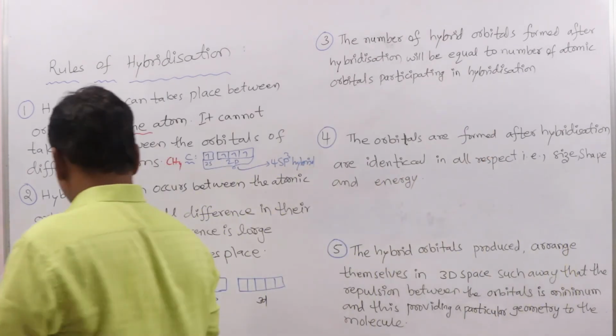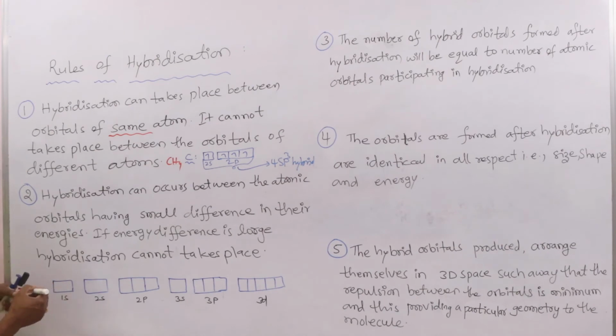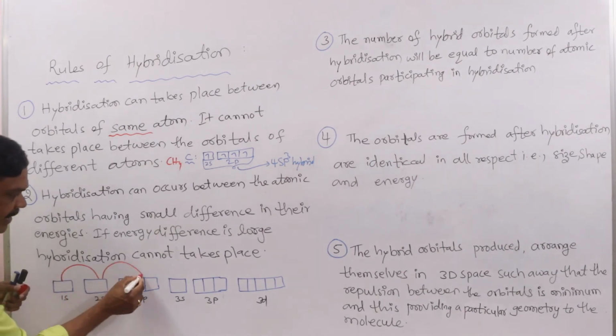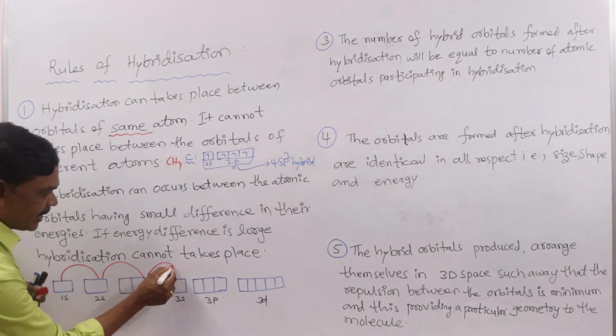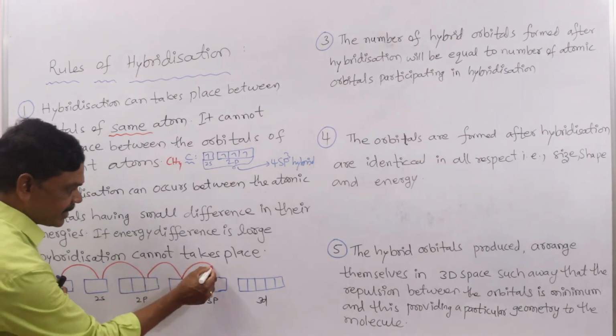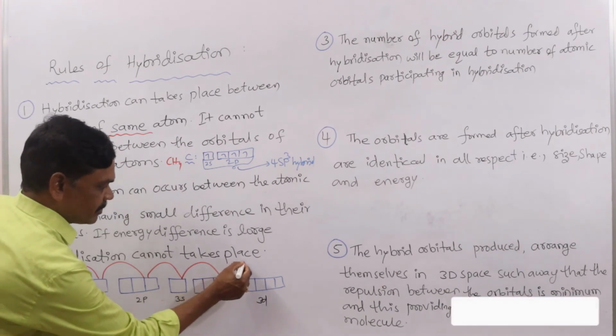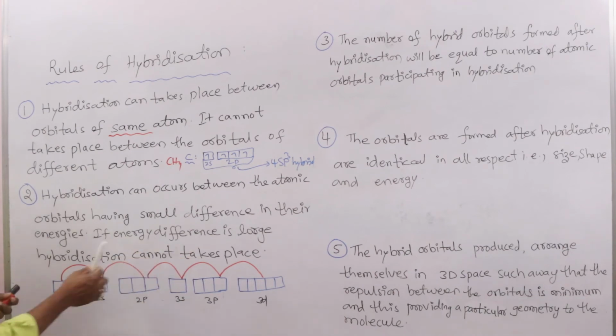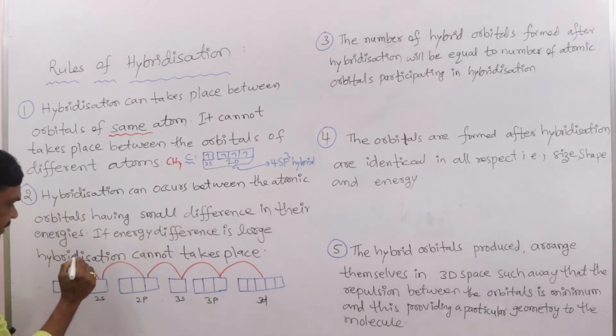Say for example, here you see 1s and 2s orbital, 2s and 2p orbital, 2p and 3s orbital, 3s and 3p orbital, and 3p and 3d orbital. Between these, hybridization takes place.